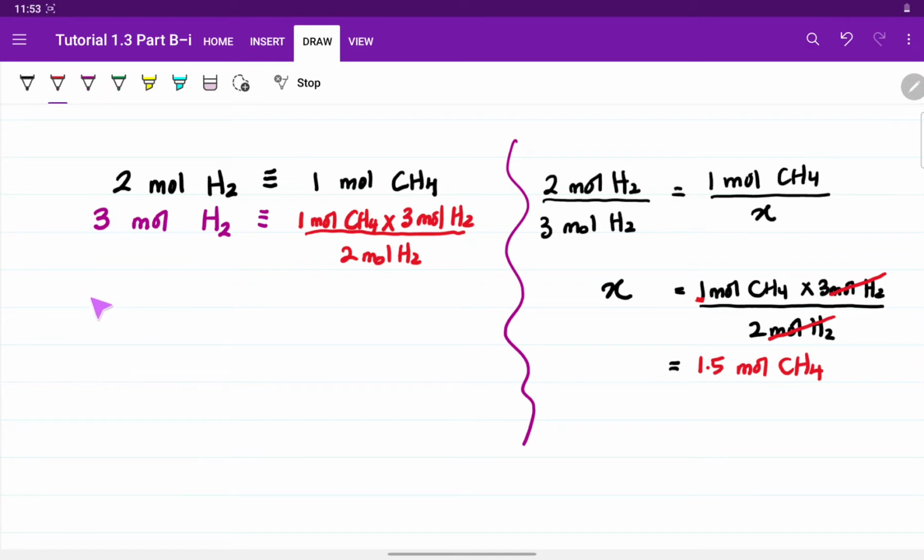So kalau awak tulis balik, dia akan jadi macam ni lah. So 3 mol H2 will produce 1.5 mol of CH4.